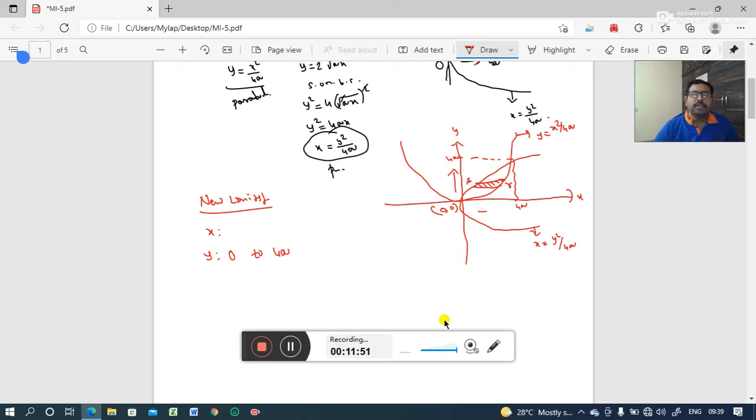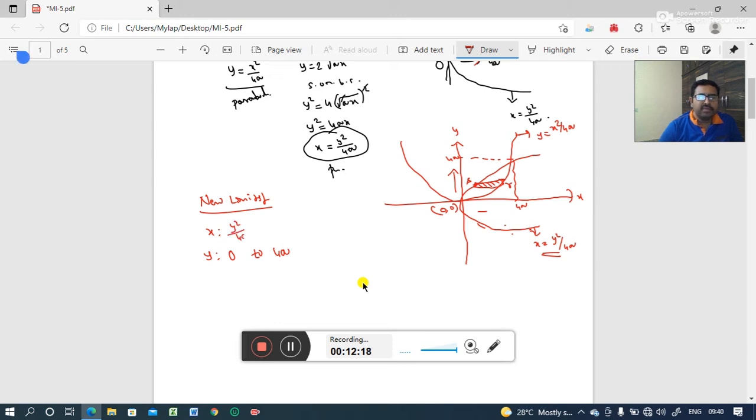Then on this horizontal strip at point S, you take the expression for x, and at point R you take the expression for x. So point S is on this parabola. On this parabola, if you take the expression for x, what is your x? x is y square by 4a.